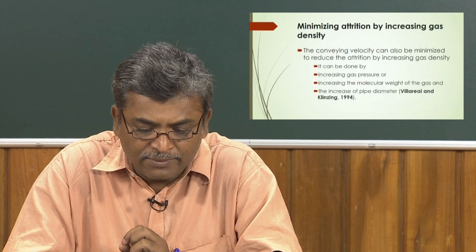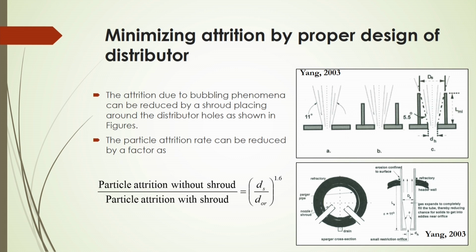In this case, you can design the distributor by making a provision of a shroud. The attrition due to the bubbling phenomena can be reduced by the shroud. This is called a shroud, surrounding the nozzle here.